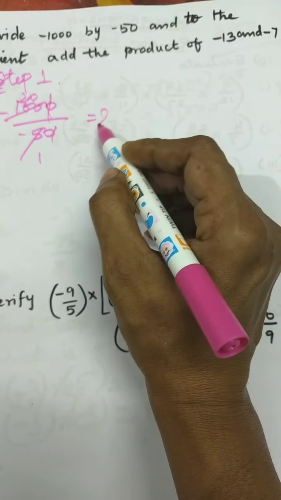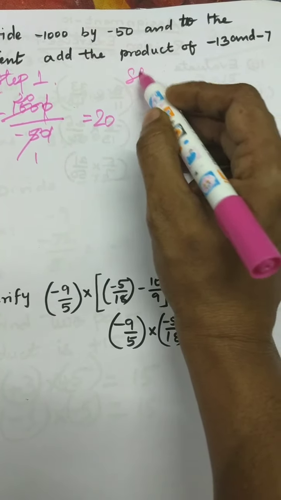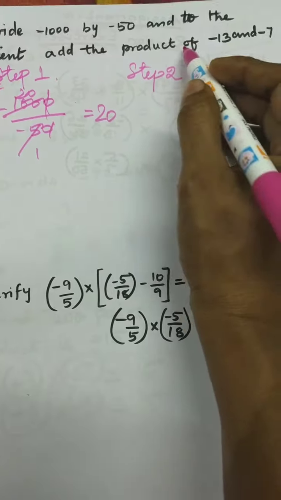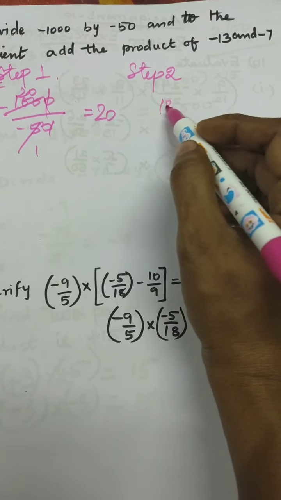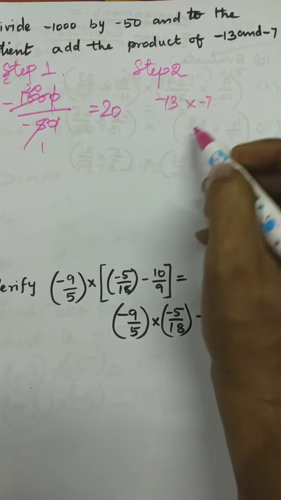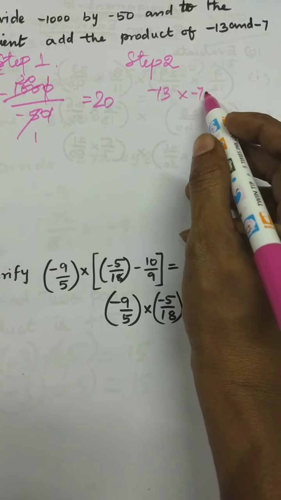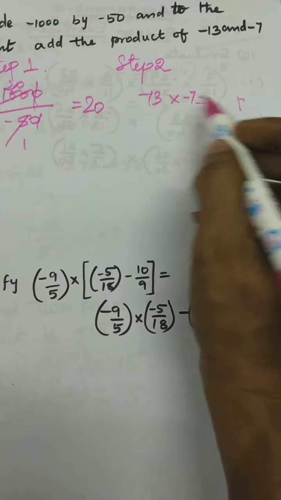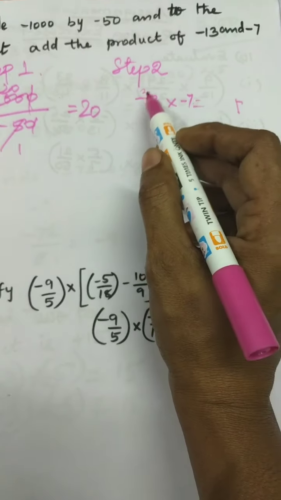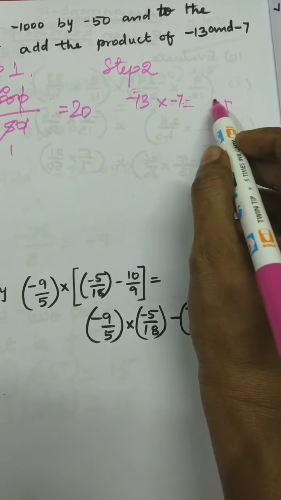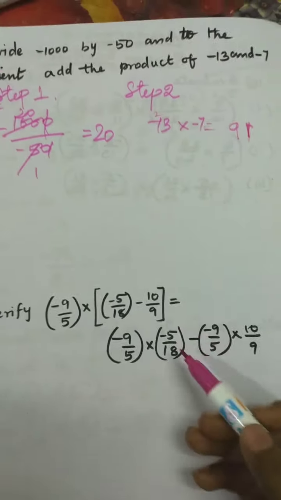Minus and minus becomes plus 20. Then step 2, you have to find the product of minus 13 into minus 7. Minus minus becomes plus. 7 3s are 21, remainder 2, 7 1s are 7, 8, 9. So 91 is the answer.